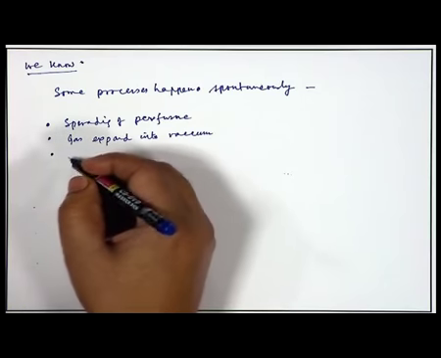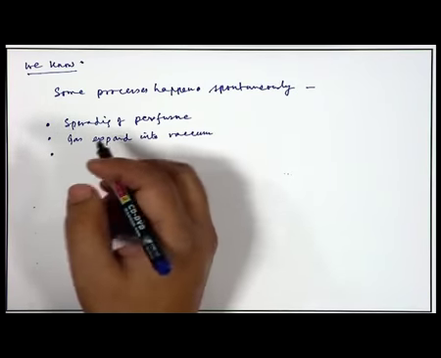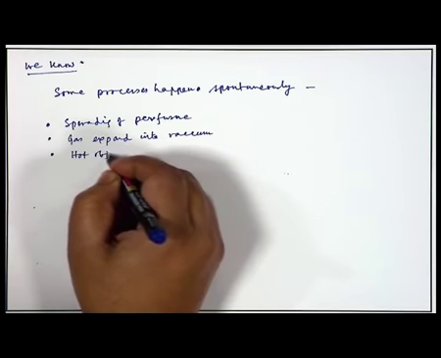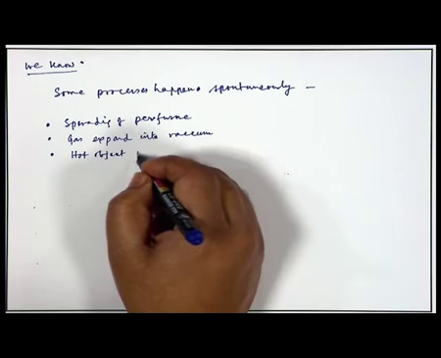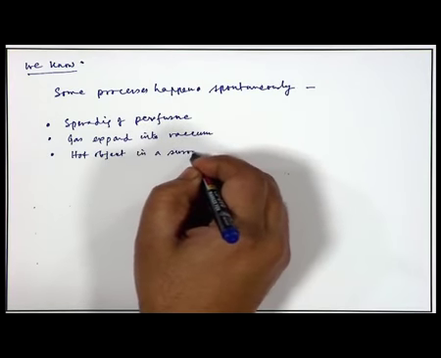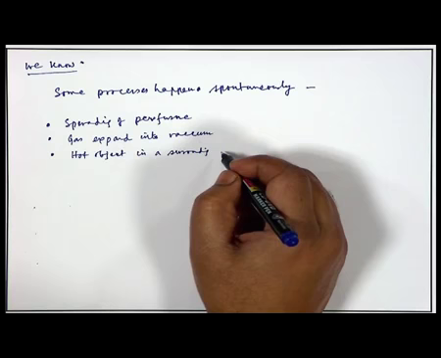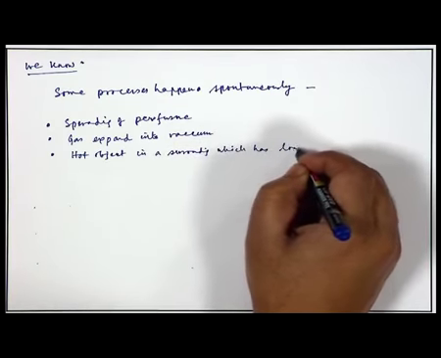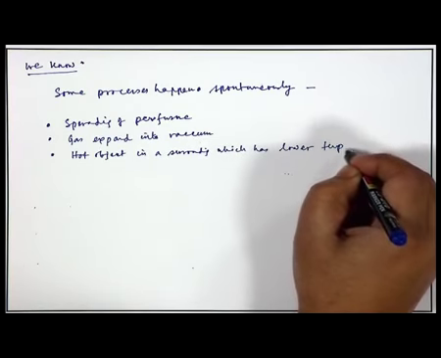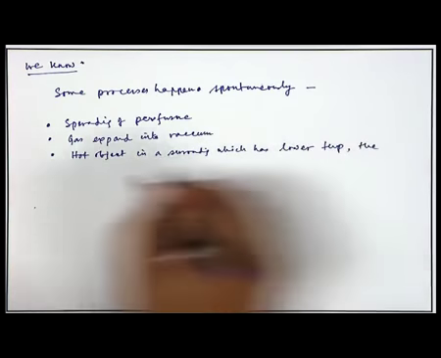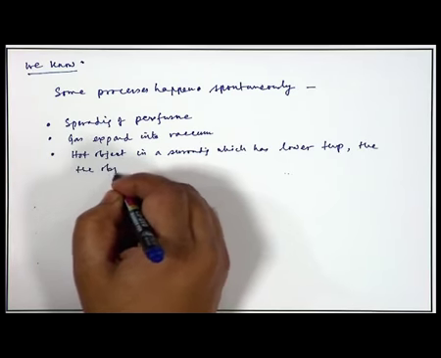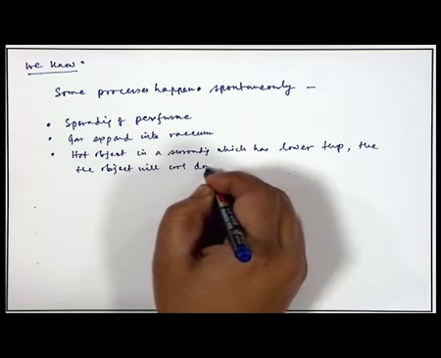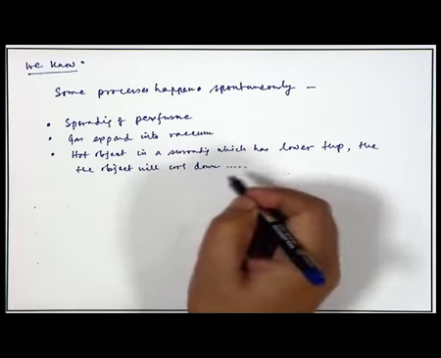A hot object: if I keep a hot object in a surrounding which has a lower temperature, then the object will cool down and take the temperature of the surroundings.